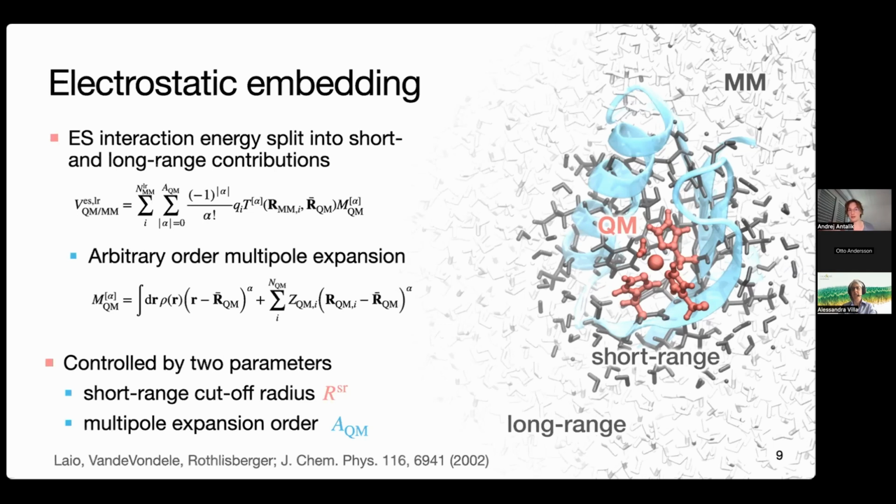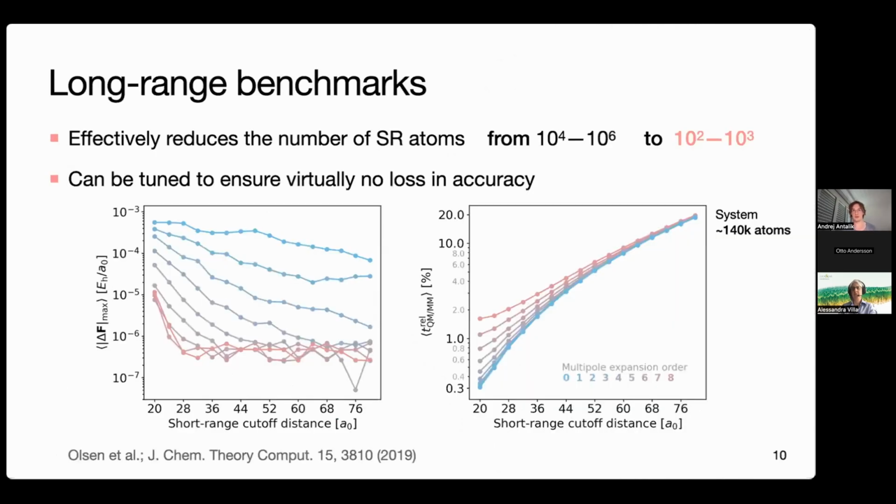And that gives users quite a lot of flexibility because they can tweak these parameters so that they can perform a simulation as accurate as it would be with the full short-range treatment, but at the same time saving a lot of resources.